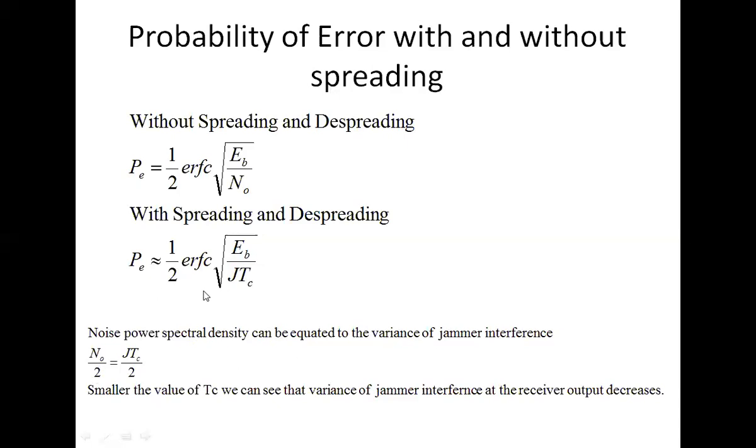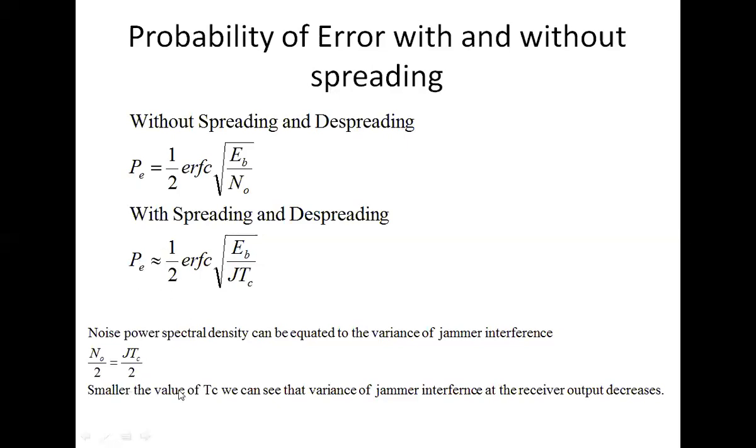One important point to note here is that as TC decreases, that means if TC is very small, the input argument for ERFC will be more. And if the input argument for ERFC increases, it results in a decrease in the probability of error. Correct?